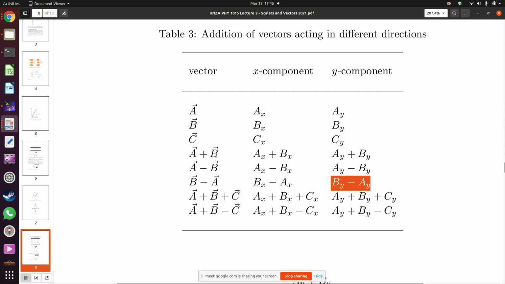Okay? Is that clear? On how you add two vectors, a plus b, a minus b, b minus a. Are we clear? Before we move on.